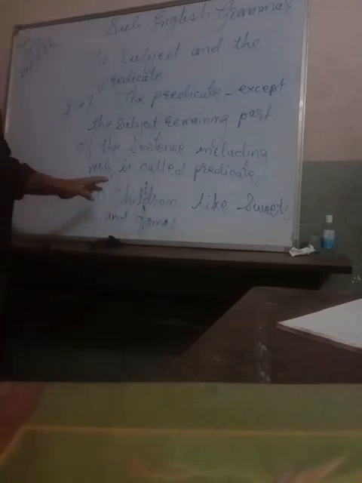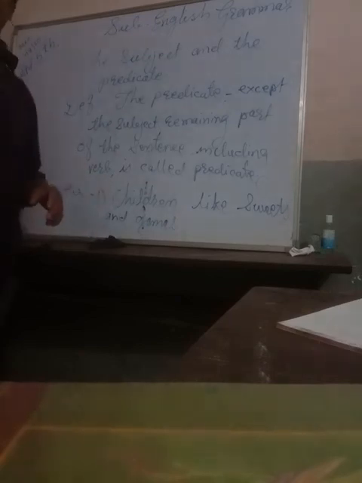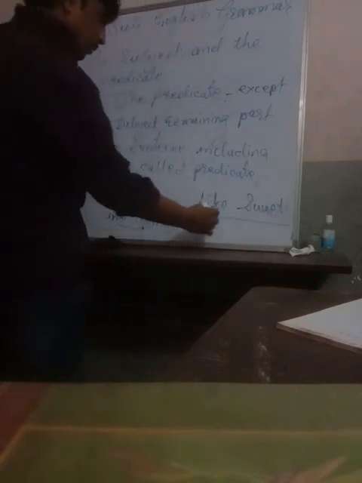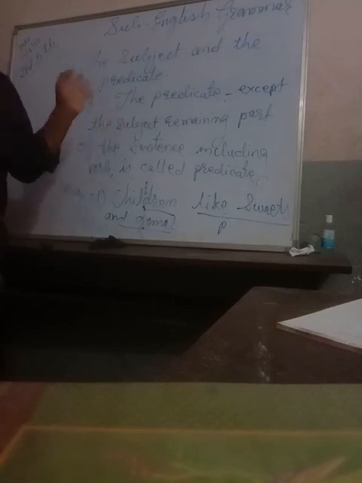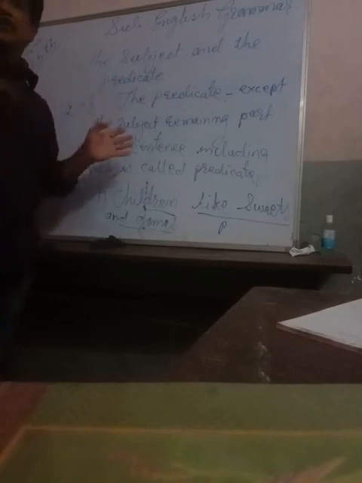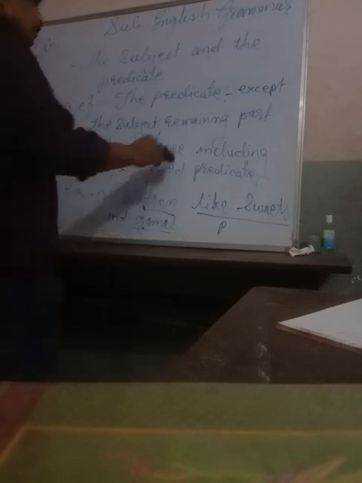Here now look, this is the sentence and you can easily find out which one is the subject in the sentence, who is doing the work, who is doing the action. Of course the children. Children is the subject and what is that in it? The remaining part, like sweets and games, is the predicate. See here like that. How easy it is? Because it is clearly mentioned in the definition that except the subject, the remaining part is called predicate, and that includes verb also. Another two examples I am going to give you.